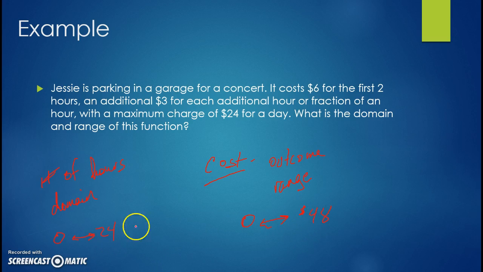So my domain is from 0 to 24. We're going to call it H for hours. And then the cost is anywhere from 0 to $48. So if you look at it as the outcome being the range and the cause of the outcome being the domain, I think it's easier to see.